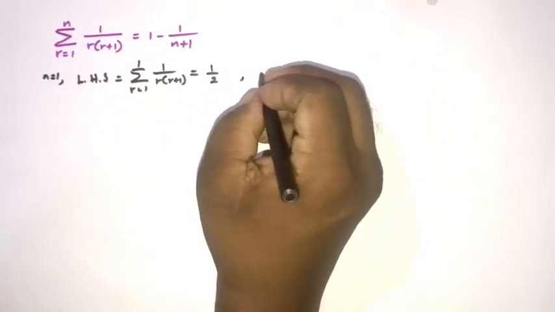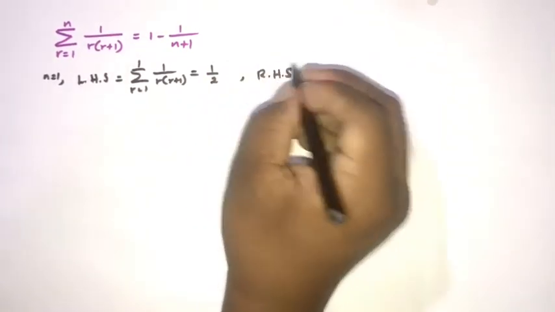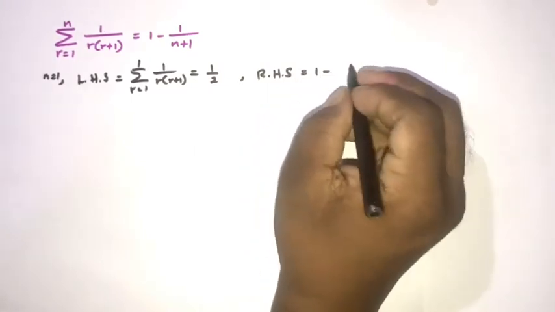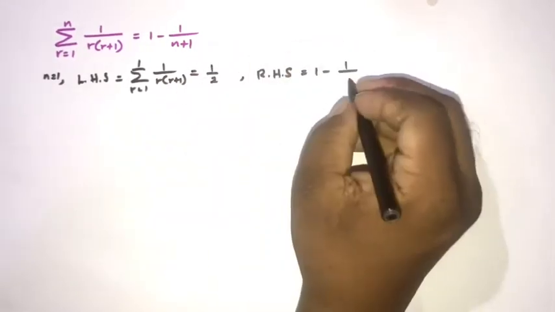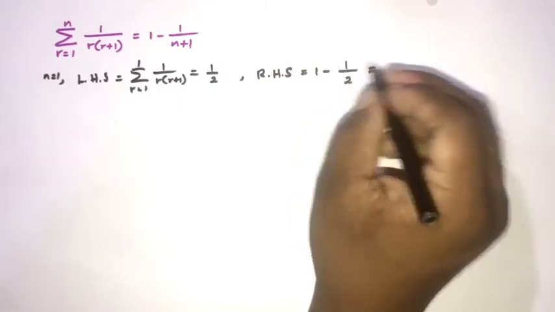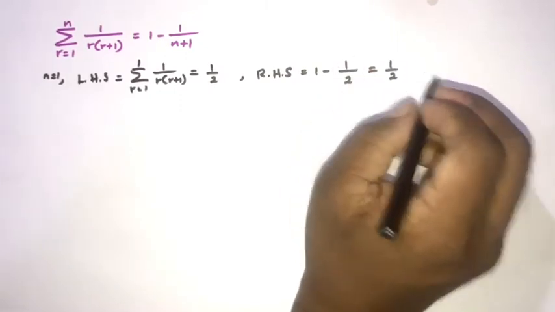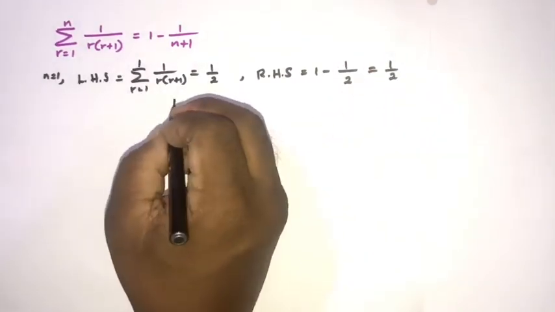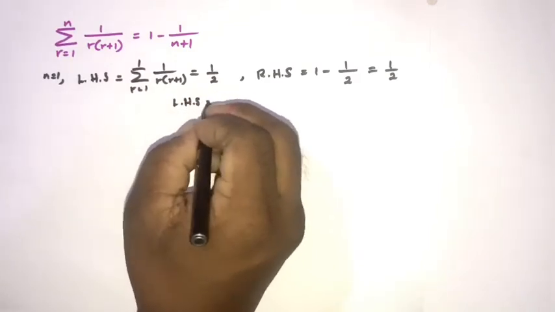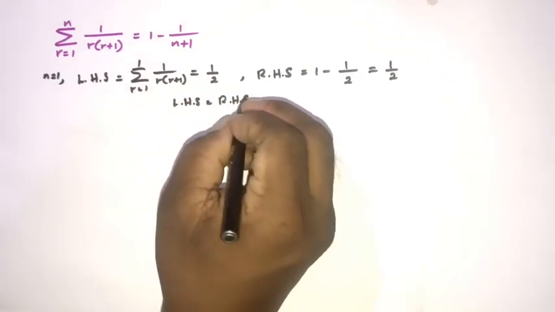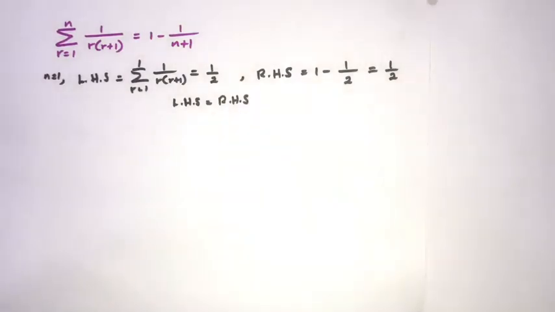Now the right hand side: 1 minus 1 over 1 plus 1, which is 1 minus 1 half, so 1 over 2. The left hand side is equal to the right hand side, so the basic case is true.